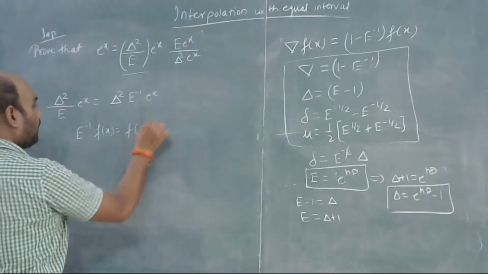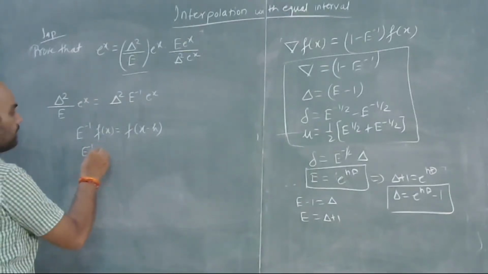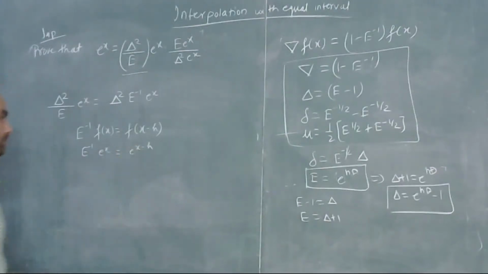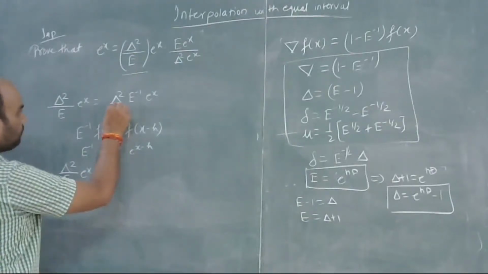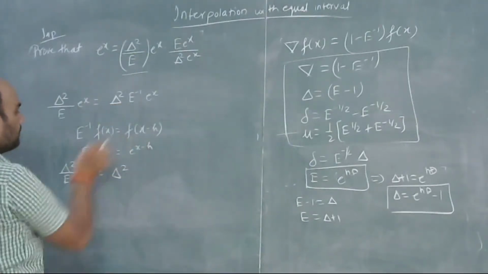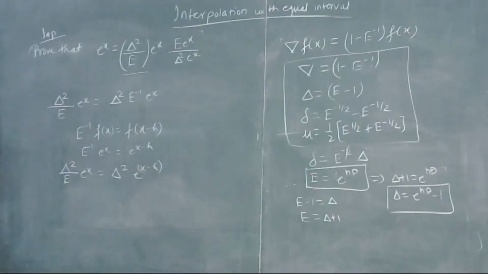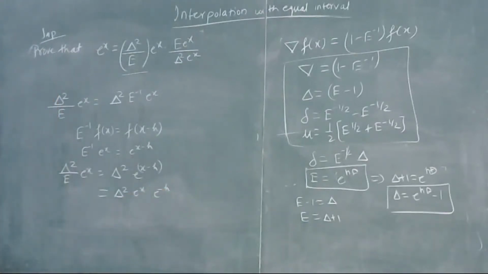Now the function is e to the power x, so this can be written as e to the power x minus h. So del square e to the power x into e to the power minus h.